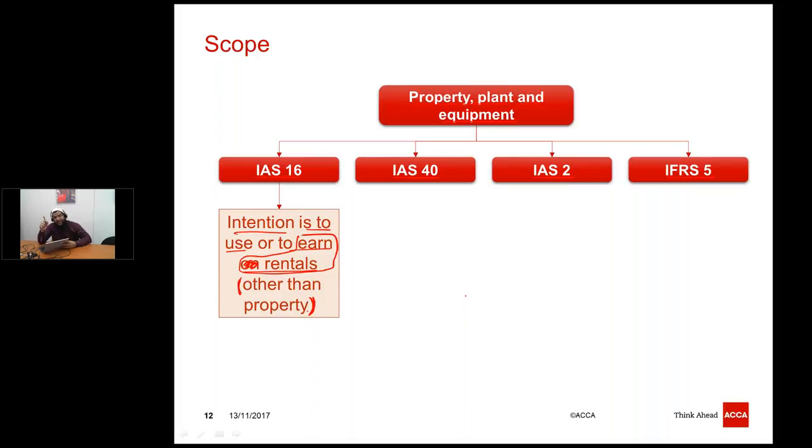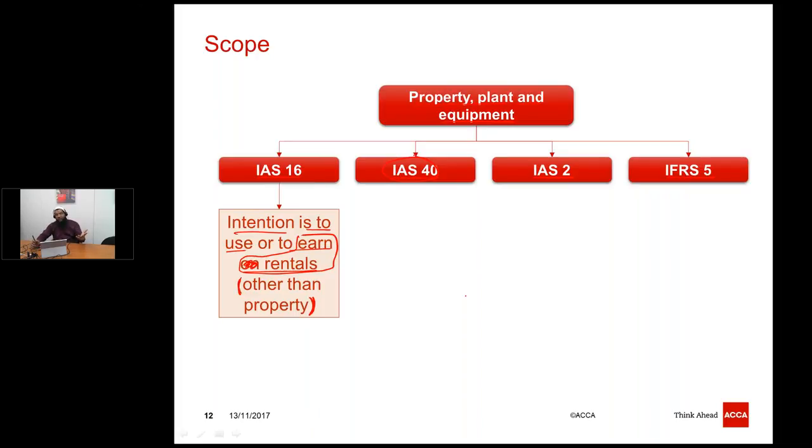If a property is being held to earn rentals, that would become IAS 40, and anything other than property held for rentals is IAS 16. For example, if I'm giving this pen on rent to you people, this is IAS 16. If I'm giving the tablet to you people on rent, this is IAS 16.